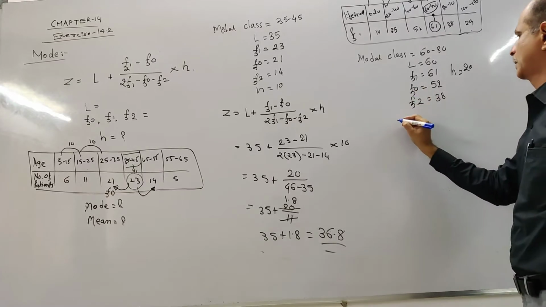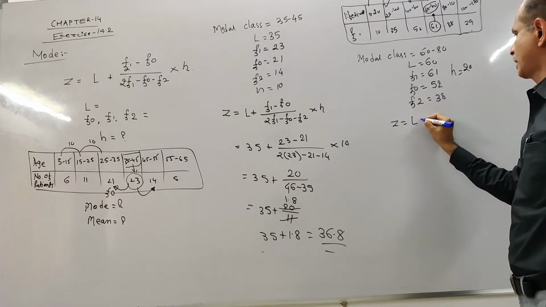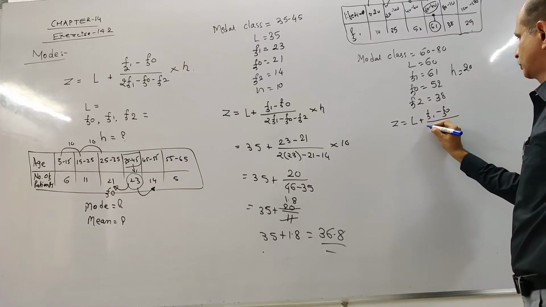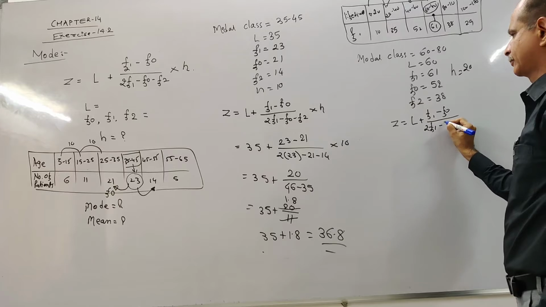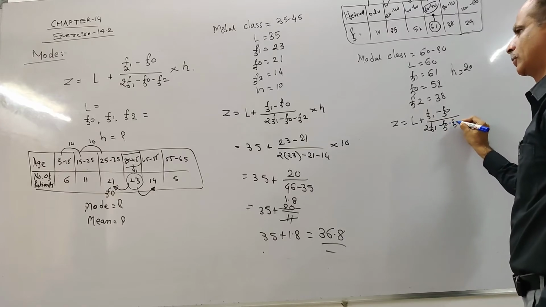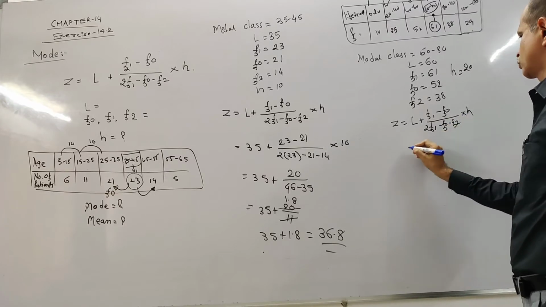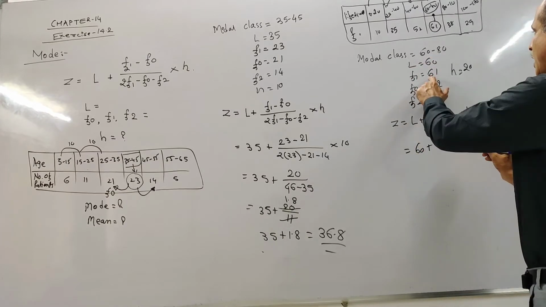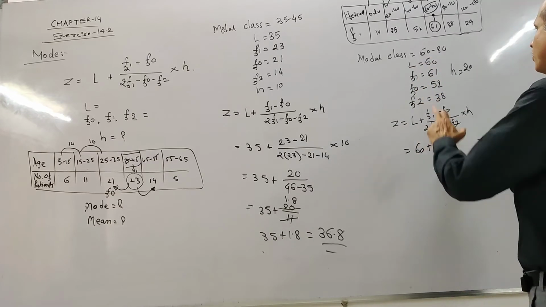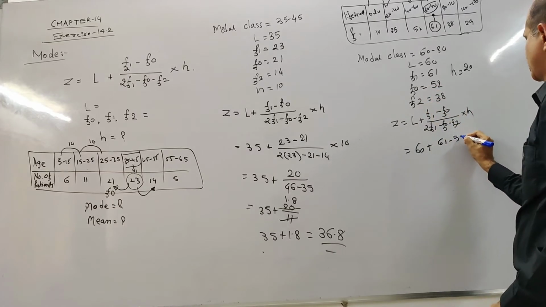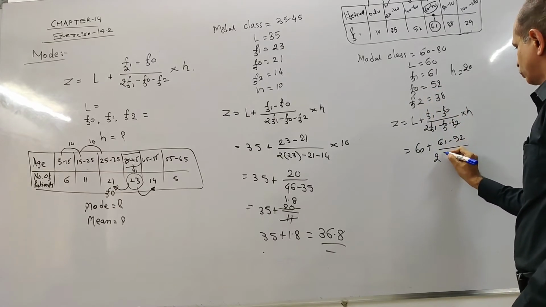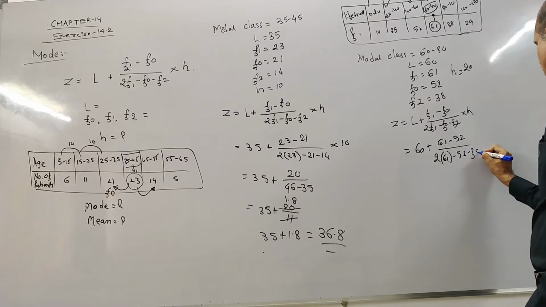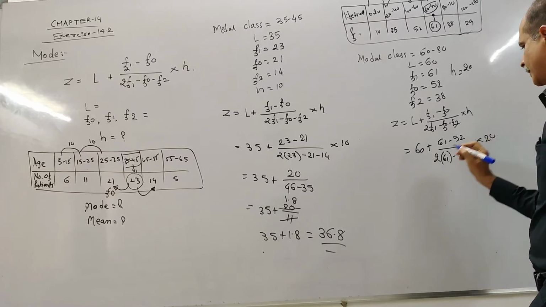Now write down the formula. Z is equal to L plus (F1 minus F0) upon (2F1 minus F0 minus F2) into h. The value of L means 60 plus F1 means 61 minus F0 means 52 upon 2 into 61 minus 52 minus 38 into 20.